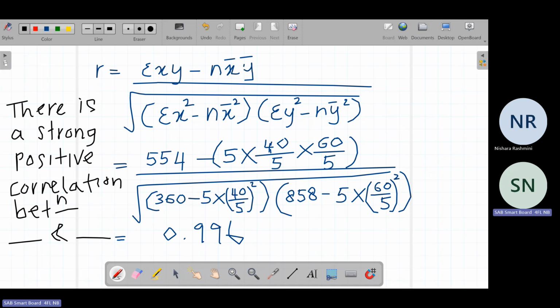Sometimes I will give the R value. You need to interpret it, okay?